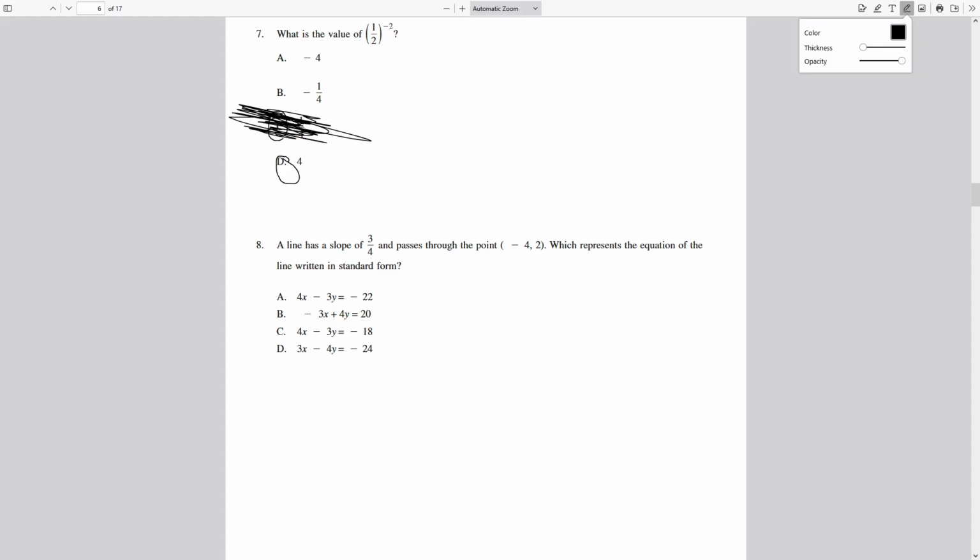So 4 times -4 is -16, minus 3 times 2, which is 6, equals -22. Oh, hey, check that out.